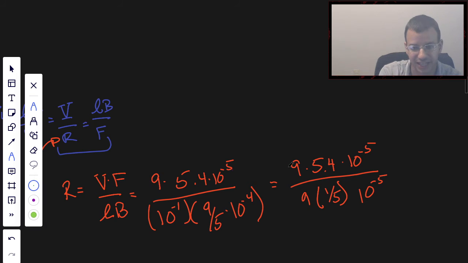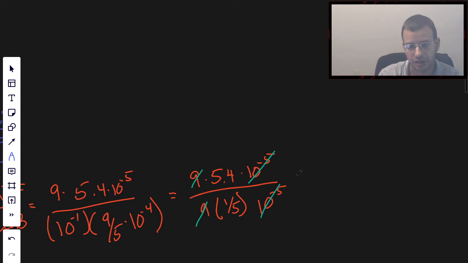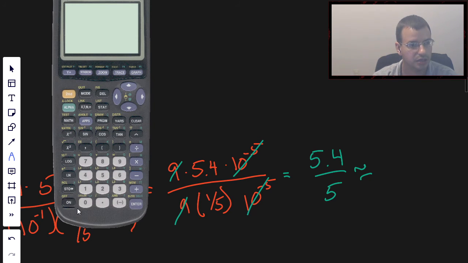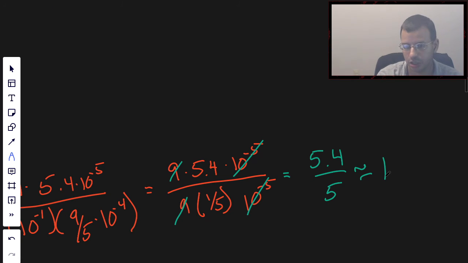The 9s cancel out, the 10 to the 5ths cancel out, and we're left with 5.4 divided by 5, which is, can I do that in my head? Feels like it's going to be 1.08. 5.4 divided by 5 is 1.08, so 1.08 ohms.